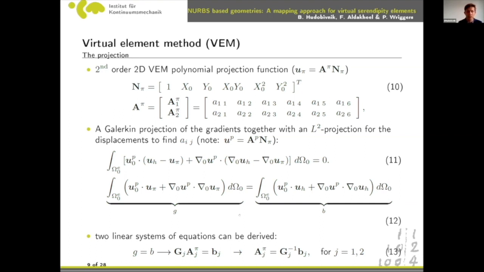Then we can separate the projection part on the left side labeled as G, and everything to do with the nodal degrees of freedom we put to the right side labeled as B. And from this G and B, we can derive the matrices G and B, and finally get the parameters.